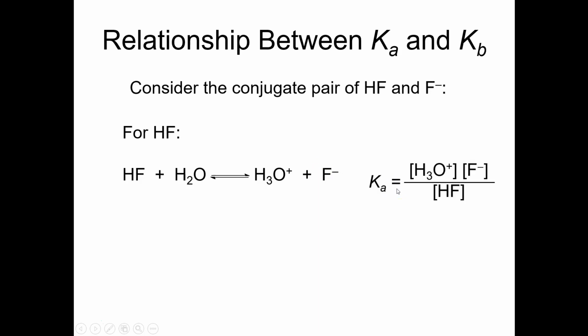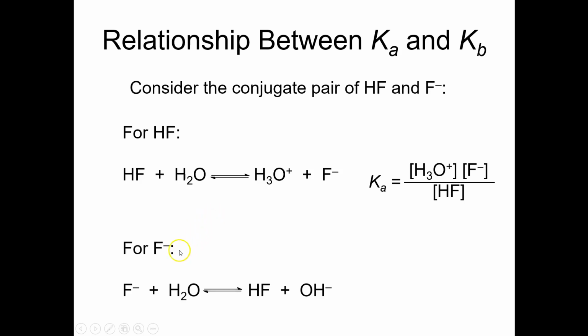Let's briefly remind ourselves that for hydrofluoric acid, the ionization equilibrium would look like this: HF plus water gives hydronium plus fluoride. And the Ka expression would look like this: the products in the numerator, concentration of H3O+ times the concentration of fluoride, over the concentration of HF. We leave water out.